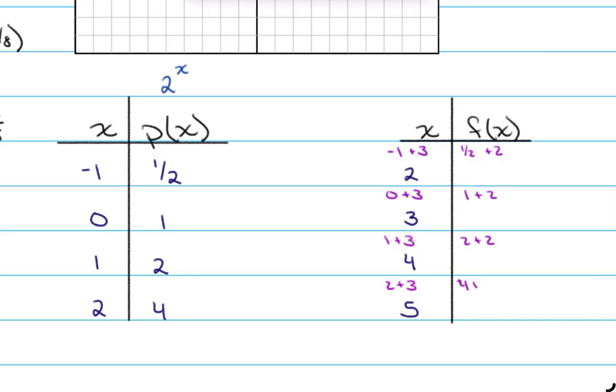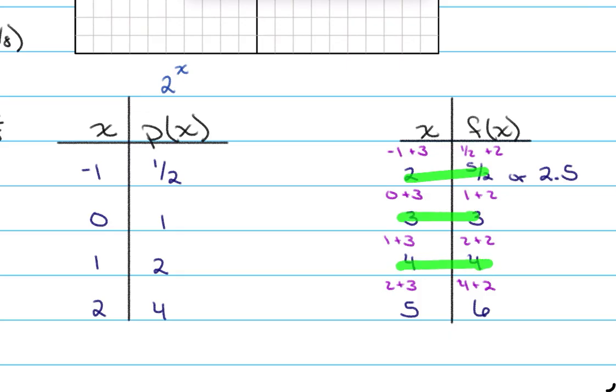Okay, so after that, I'm going to clean those up, and I would get 2.5. Again, I prefer improper fractions, or if you want to write the decimal, it's 2.5. It's whatever makes you happy. 1 plus 2 is 3, 2 plus 2 is 4, 4 plus 2 is 6. So these are the coordinates of my new graph.